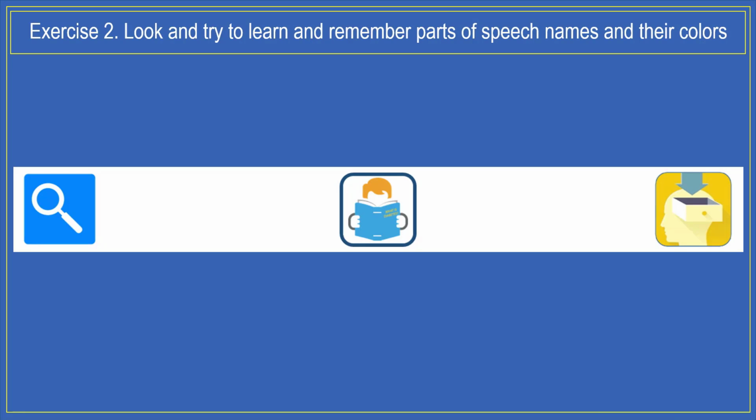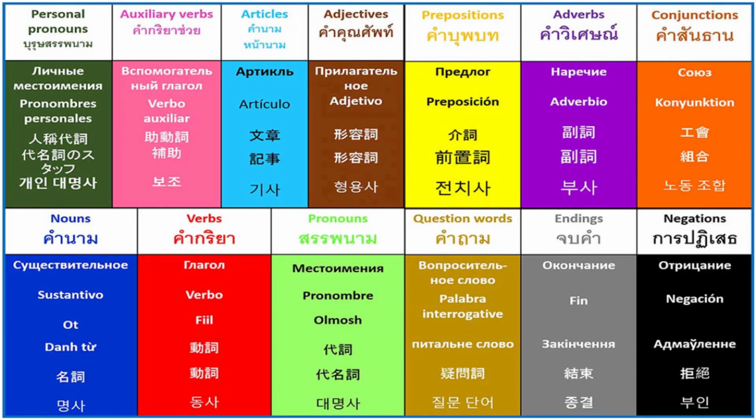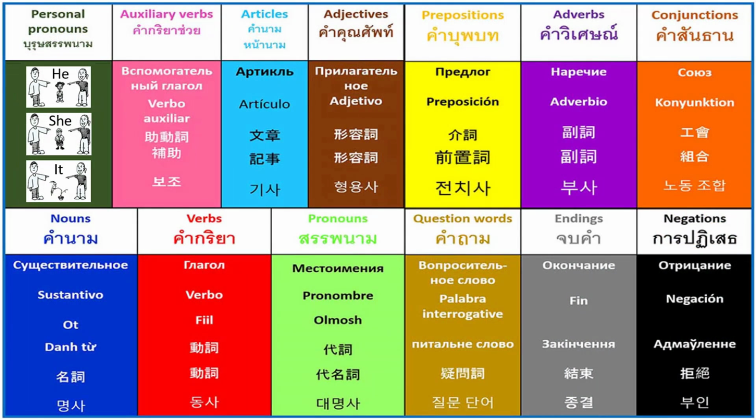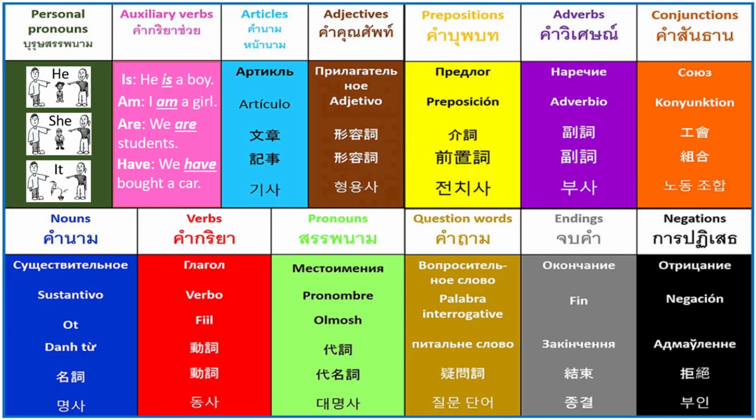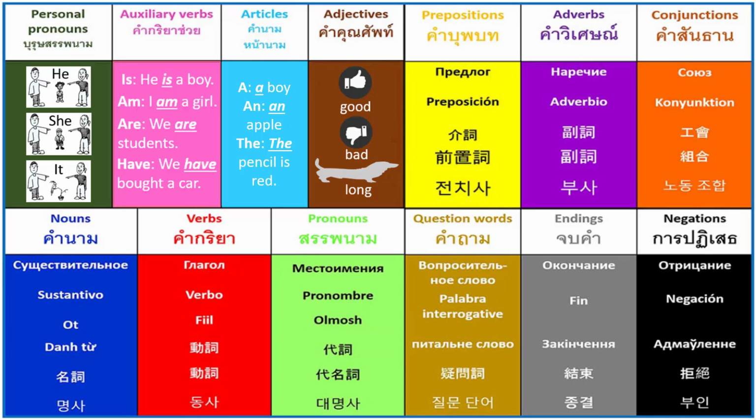Exercise 2. Look and try to learn and remember parts of speech names and their colors. Personal pronouns. Auxiliary verbs. Articles. Adjective. Prepositions. Adverbs.